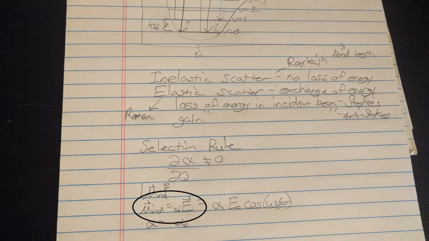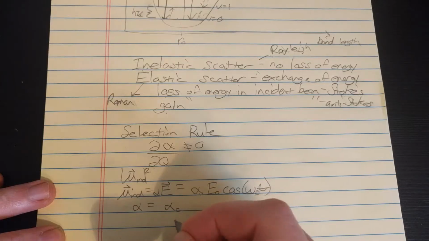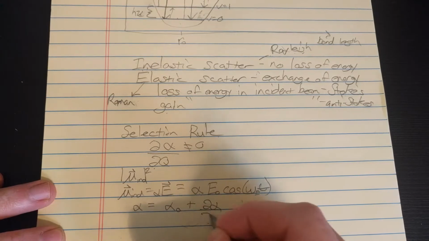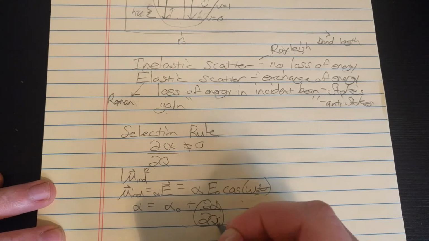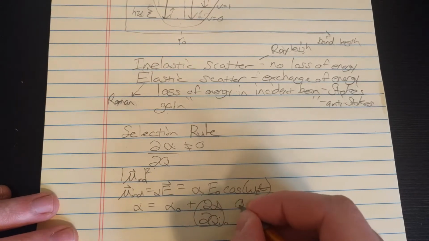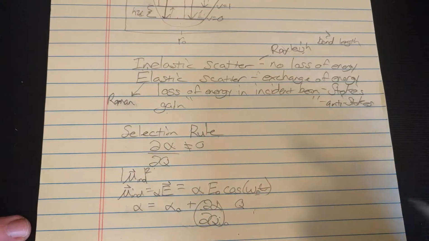Most E fields take the form of some amplitude times a cosine wave. We'll call it cosine omega t, and we'll call the omega, omega E, for omega of the electric field. But you can expand the alpha in a Taylor series like so. Alpha would equal alpha naught plus d alpha dq, where q sub i is the ith normal coordinate, times the normal coordinate.